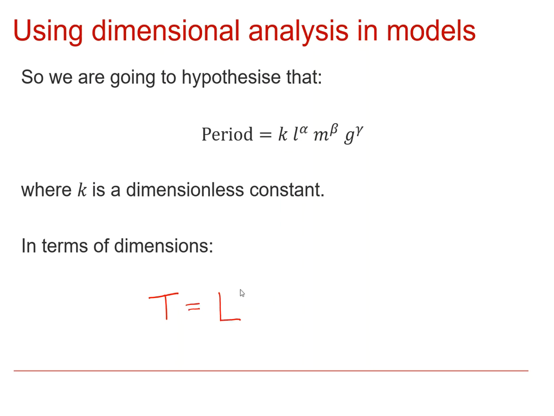I've then got L, length to the power of alpha, and mass to the power of beta, and then remembering that g is an acceleration, so think about units of acceleration, meters per second squared, so that's length and then time to the minus 2, the dimensions of acceleration, and then that itself is raised to a power of gamma.